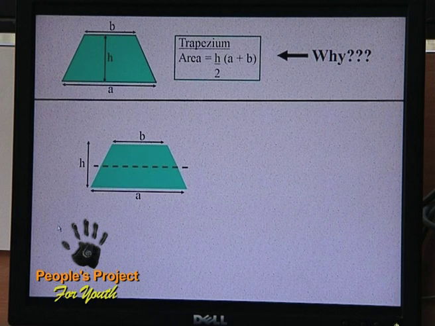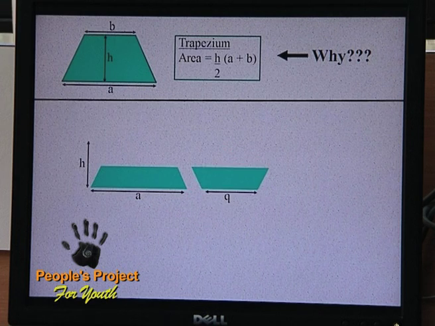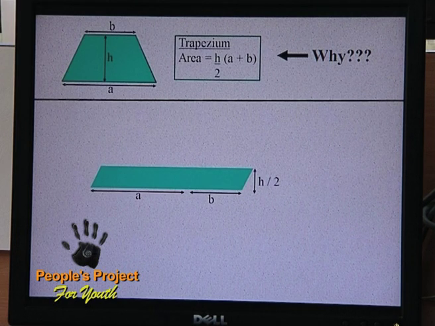If we cut our trapezium in half, remove the top portion, rotate it and place it next to the bottom portion, you can see that we have a shape with exactly the same area that we started with, but it is now a parallelogram. The height of the parallelogram is half of what we started with, which is why it is the height of the trapezium divided by 2.